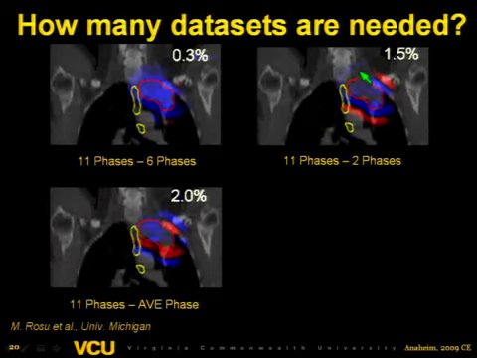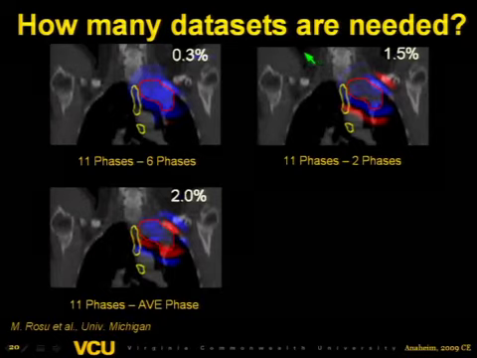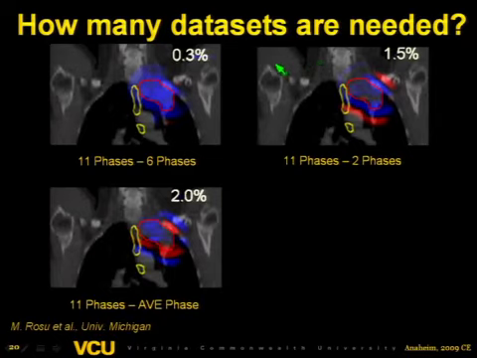In a study conducted at the University of Michigan, doses were first computed based on 11 image datasets available between exhale and inhale. That cumulative dose was compared with cumulative doses obtained using a decreasing number of intermediate states.